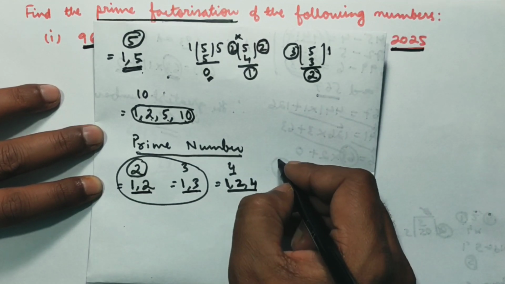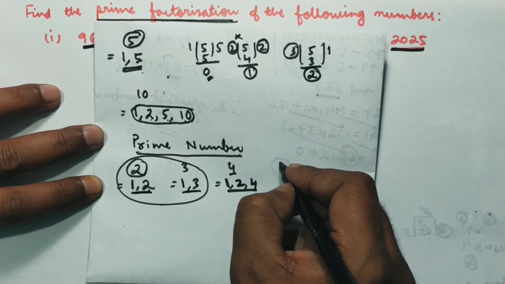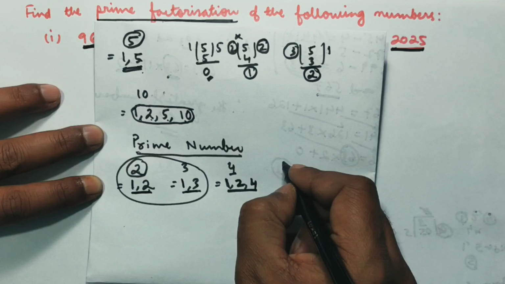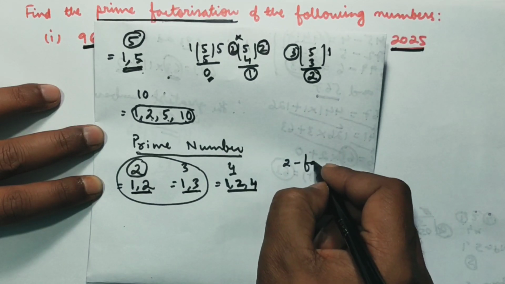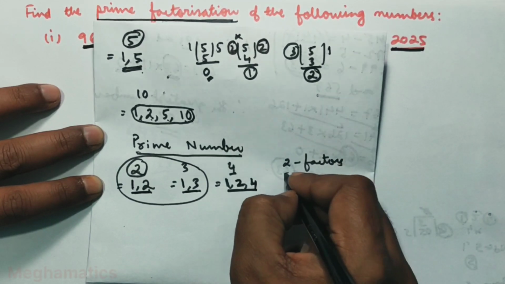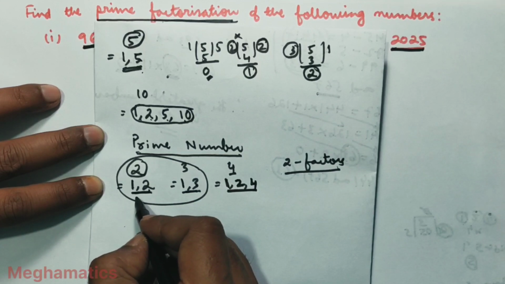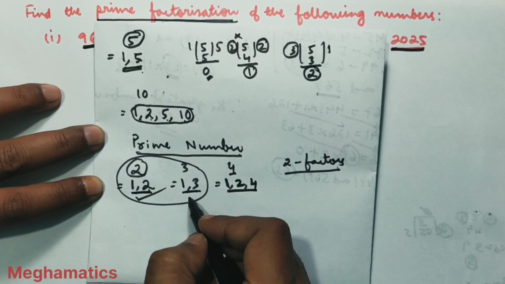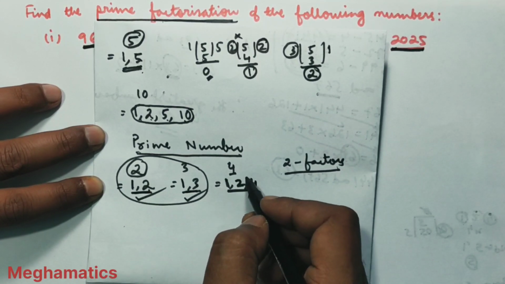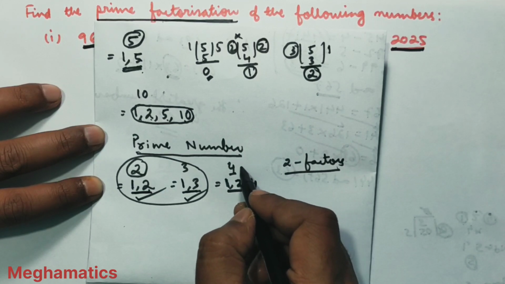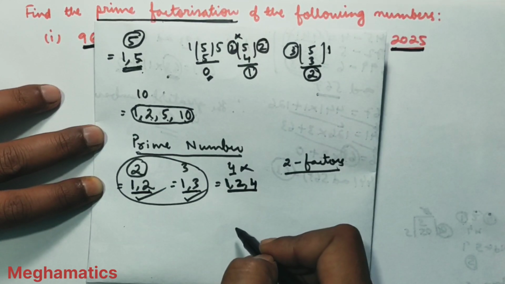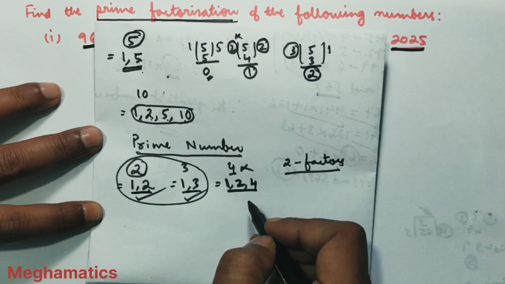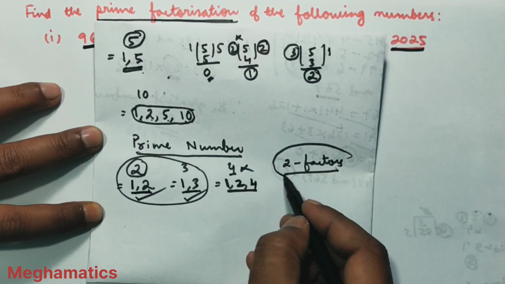So a prime number has some conditions. A prime number should have exactly 2 factors. Here 2 factors are there, so it is a prime number. Here 2 factors are there, it is a prime number. Here 3 factors are there, so this is not a prime number. So prime numbers should have only 2 factors.